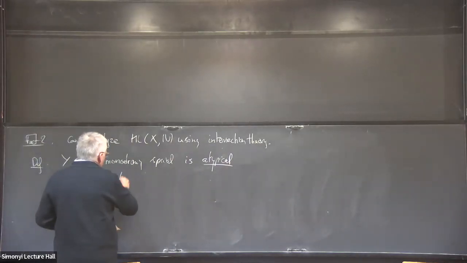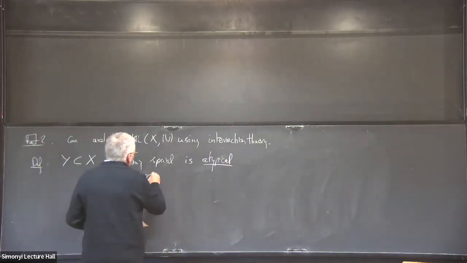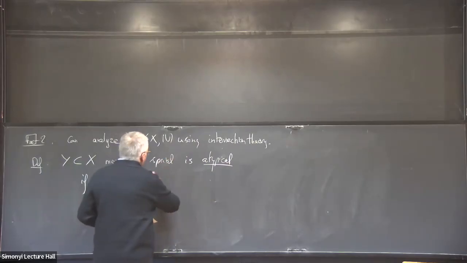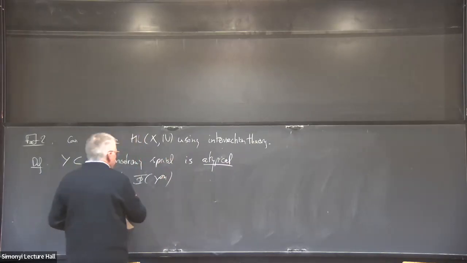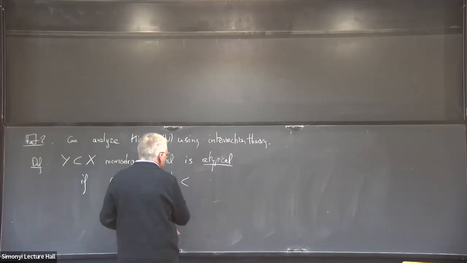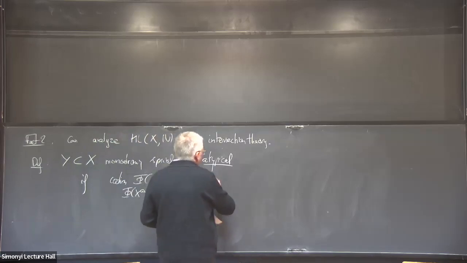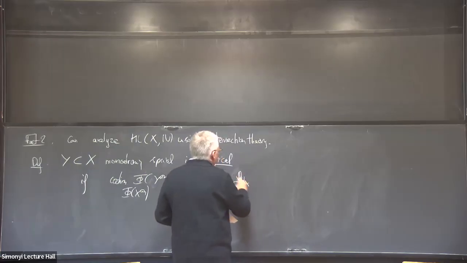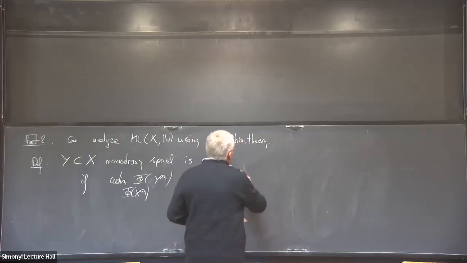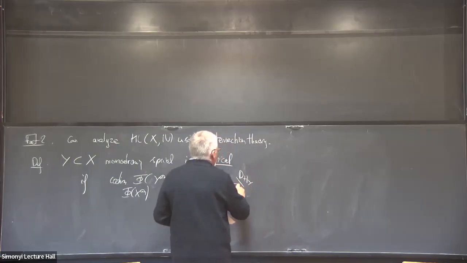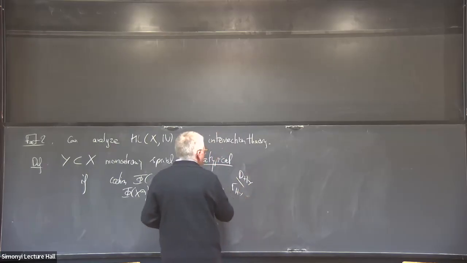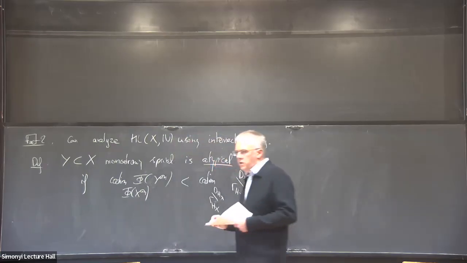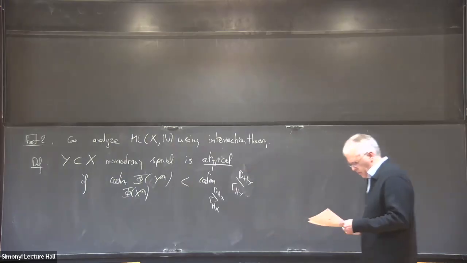So if the codimension of phi of Yn in phi of Xn is strictly smaller than the codimension of D_Hx of Gamma_x of D_Hy Gamma_y in D_Hx. This is a standard notion.